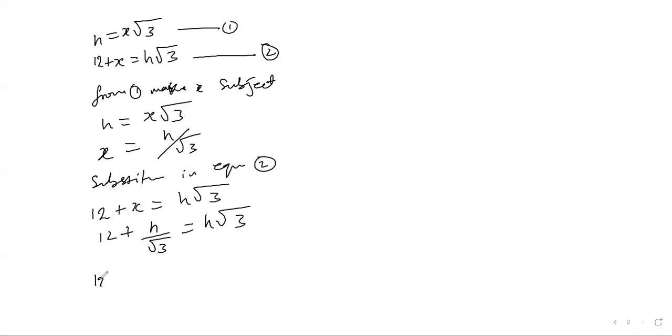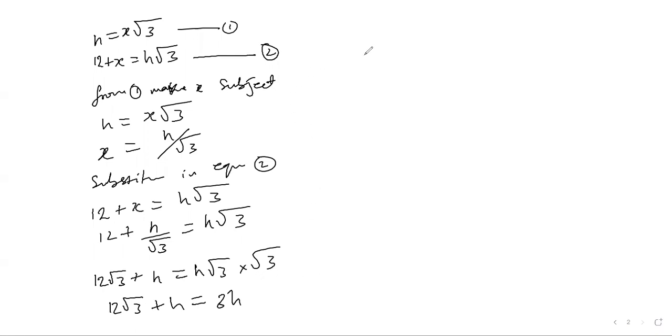So we'll have 12 root 3 plus H equals 3H. Let me clarify that place very well. This will be H root 3 times another root 3, and root 3 times root 3 gives you 3. So you have 3H here.